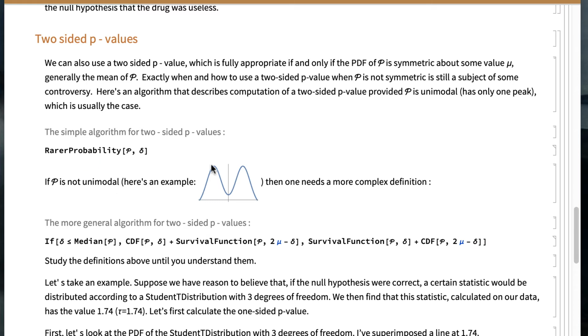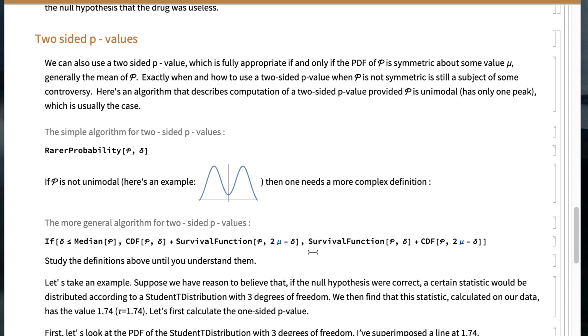Footnote, here's a distribution that is symmetric. You see, it mirror reflects around that line, but it's not unimodal, and therefore things get a little more complicated. But usually people don't design the statistic in a way such that it's bimodal. Usually if they're going to want to use a two-sided p-value, they're going to get you a symmetric unimodal distribution to begin with.